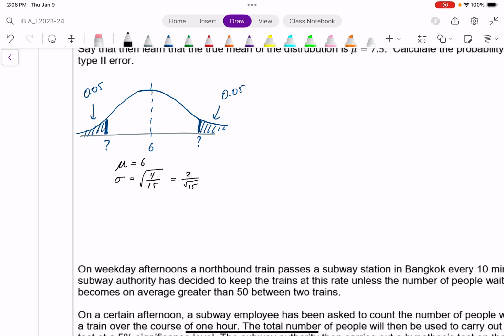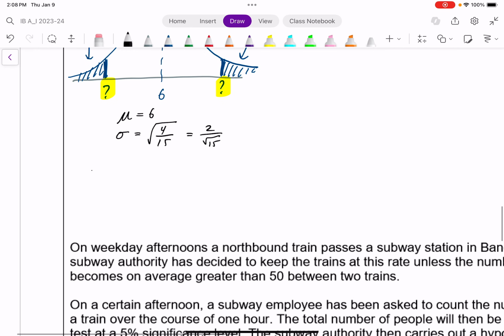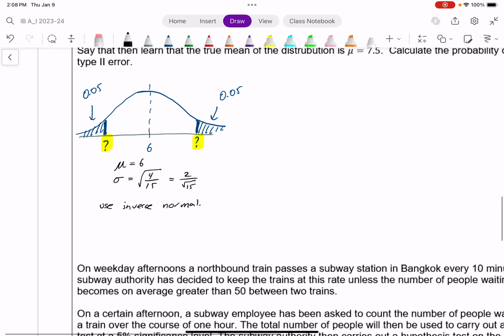And to find these 2 values here, we now want to use our GDC and use the inverse normal function. Depending on your GDC, you may have to break it up into 2 parts and first find the x value with a left-tailed area of 0.05, and then separately find the x value that would have an area of 0.05 to the right.